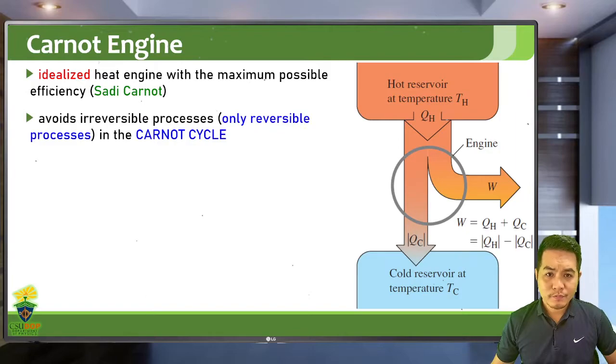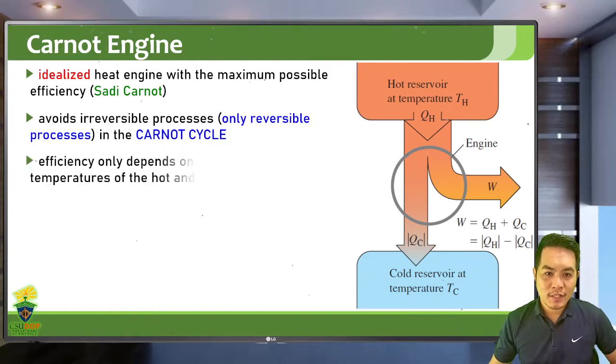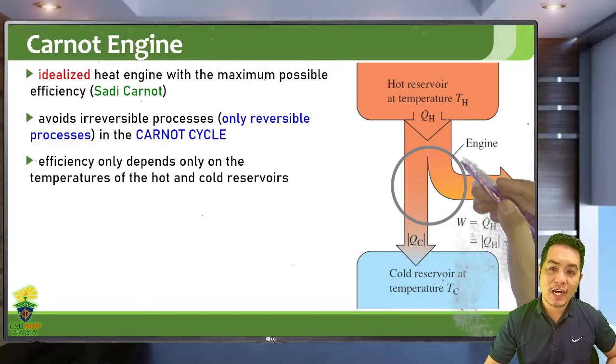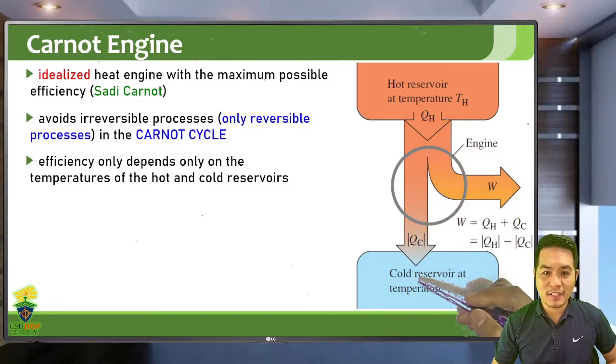A Carnot engine avoids irreversible processes and only includes reversible processes during the Carnot cycle, the four-stroke cycle. If you only take into account reversible processes, efficiency then only depends on the temperatures of the hot and cold reservoirs.